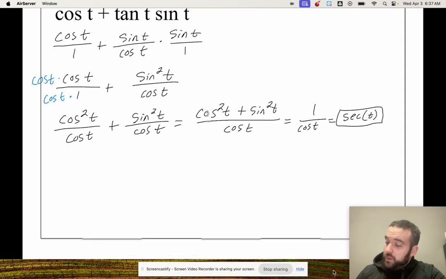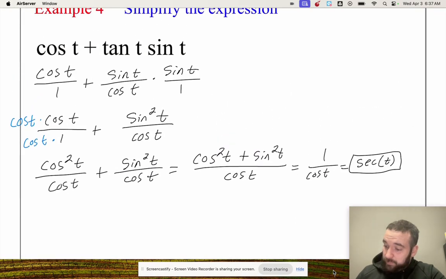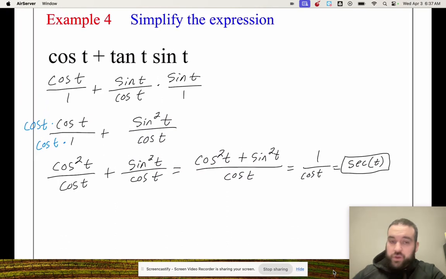So in this example, we were able to simplify the expression all the way down to just the secant of our variable t. So if you're trying to add two fractions or two functions, oftentimes if you write it as a fraction and then get a common denominator, that will allow you to combine and oftentimes be able to consolidate or cancel something out.